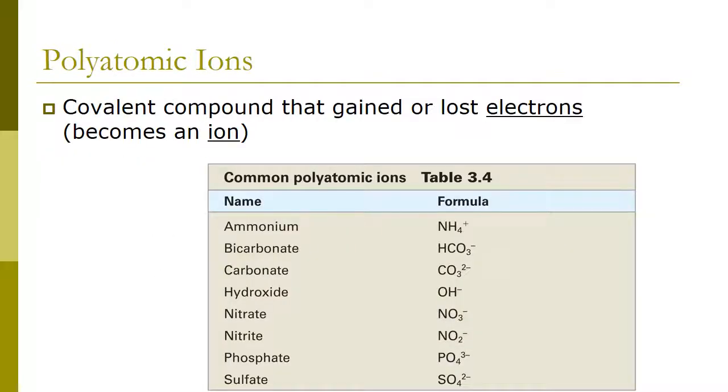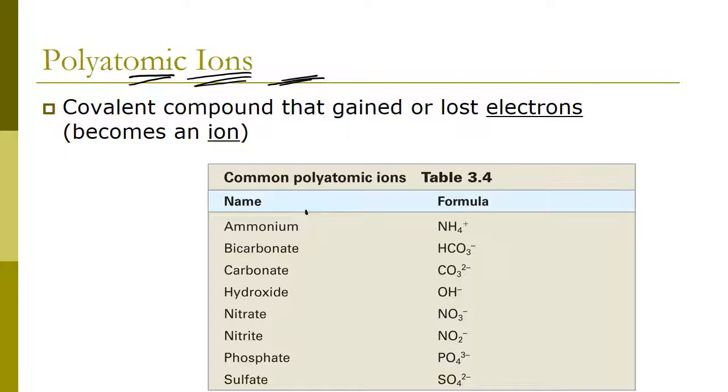Now, there's also some cases where you have what's called a polyatomic ion. So let's look at our term here. Poly means many atoms that are an ion, and an ion means that it has a charge, that it's gained or lost electrons. So a polyatomic ion is a covalent bond.